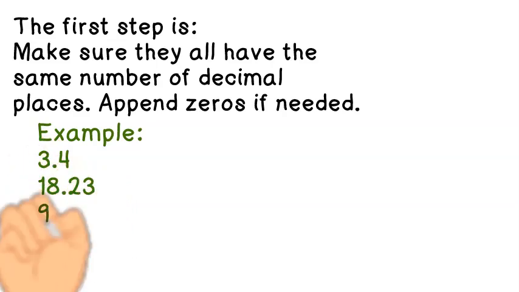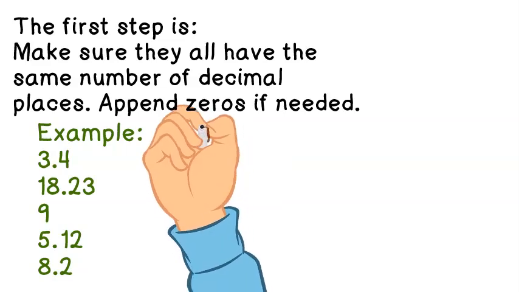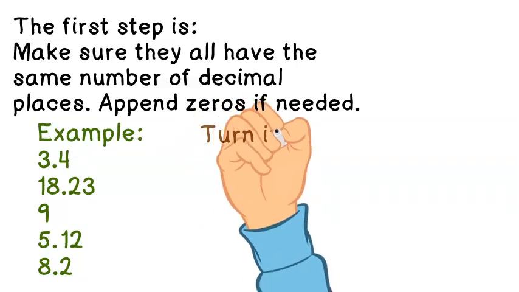If I have 3.4, 18.23, 9, 5.12, and 8.2, the 18.23 has 2 decimal places, and everything else has 2 or fewer decimal places. So we need to turn them all into numbers that have 2 decimal places. And it's 2 decimal places because that's the maximum number of decimal places.